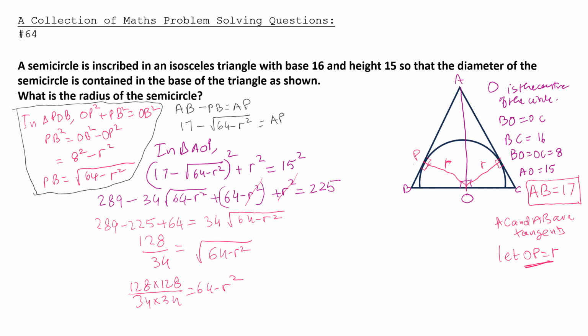Or I get r square equals 64 minus 128 times 128 divided by 34 times 34. Now we have to work this out.